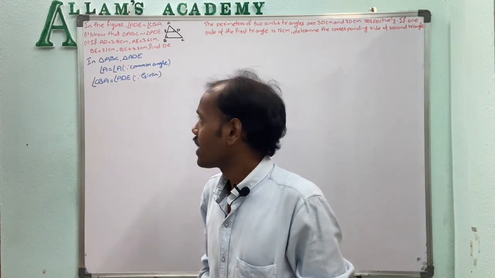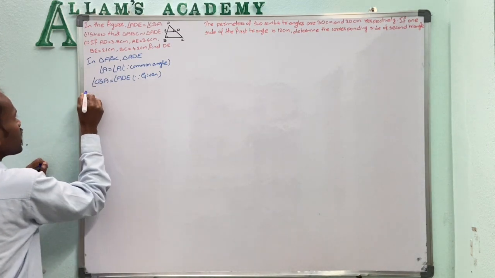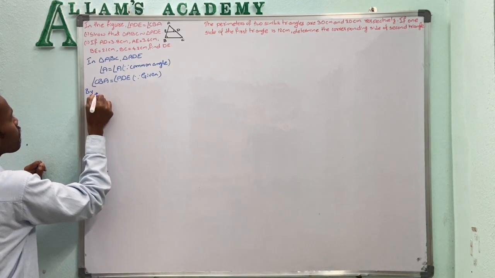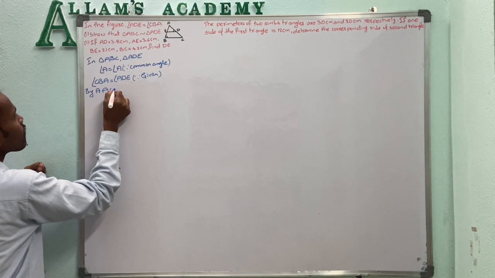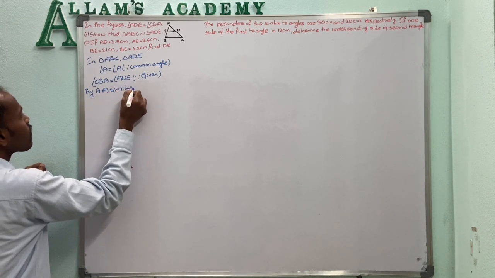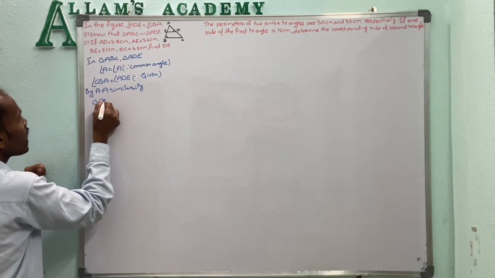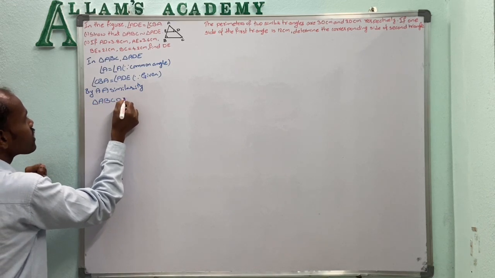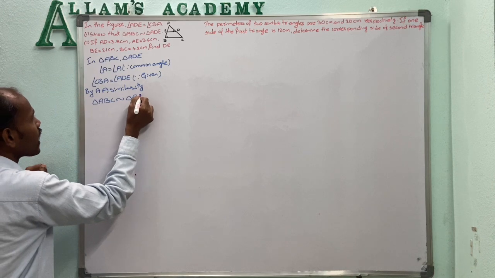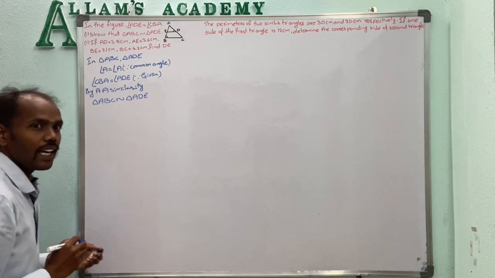So by AA similarity, now we can say that triangle ABC is similar to triangle ADE.